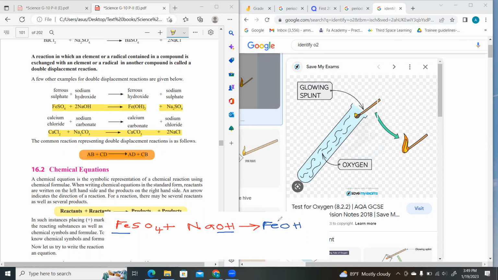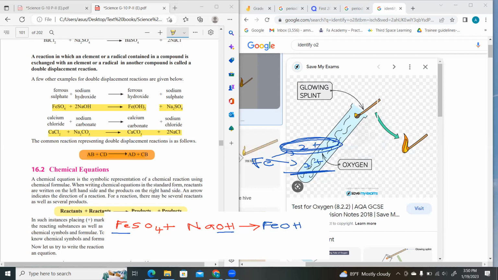How will you decide the charges of this? Remember, Fe has a charge of 2 plus and 3 plus. So the common charge of Fe is 2 plus. We will be studying this under the activity series. When the rusting occurs only, Fe3 plus will be formed.